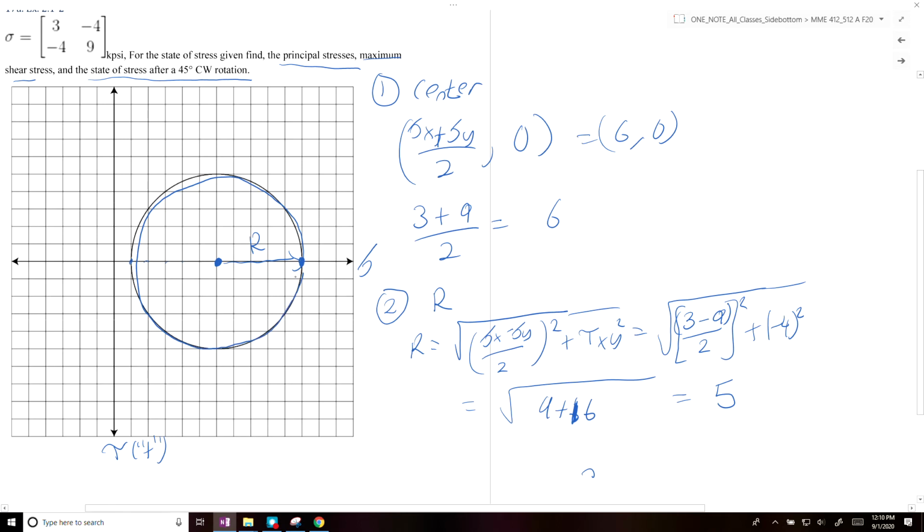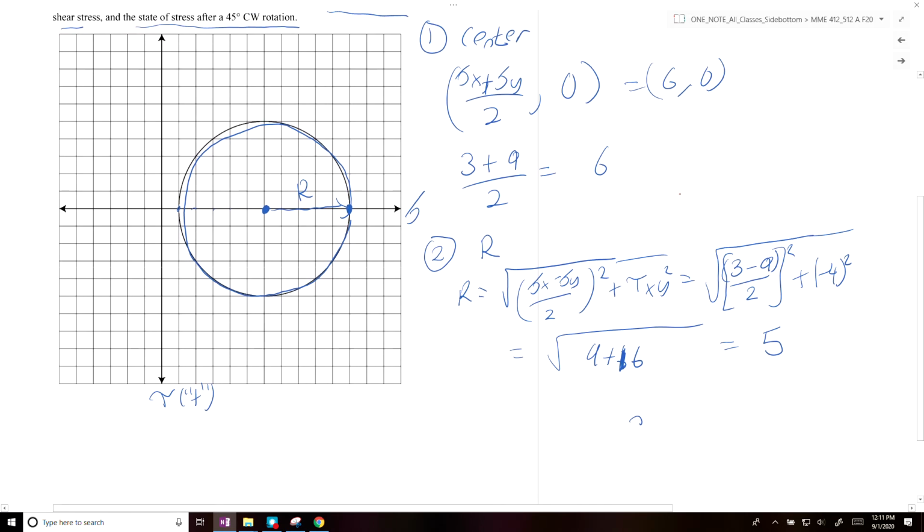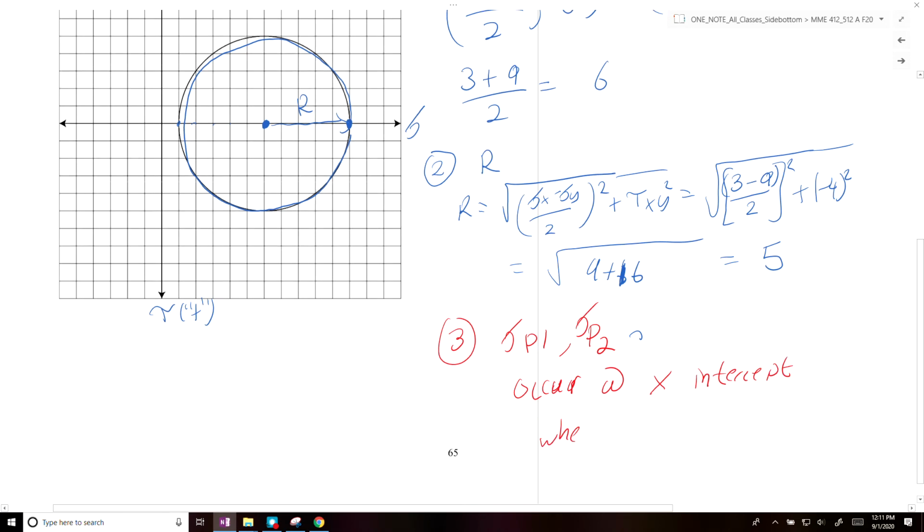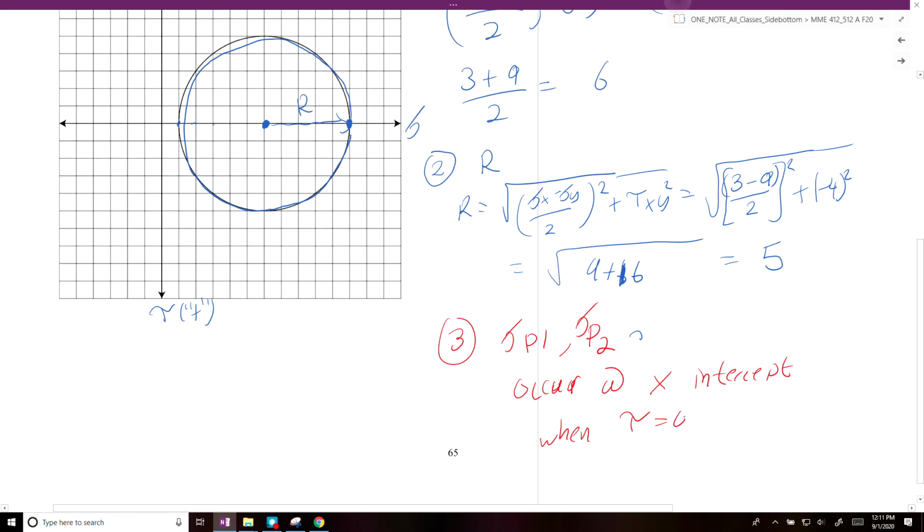All right, step 3 is to locate your principal stresses, principal stress 1 and principal stress 2. These occur at the x-intercepts. You could also think of this as when y, or tau, is equal to 0.